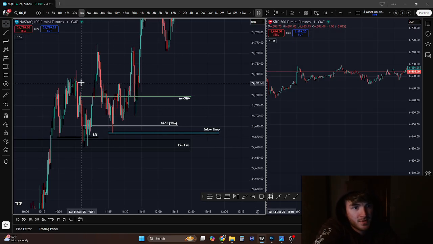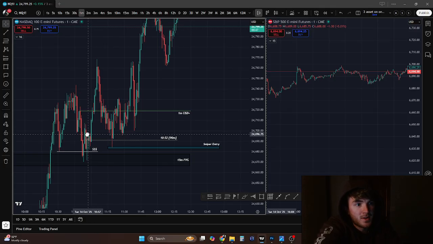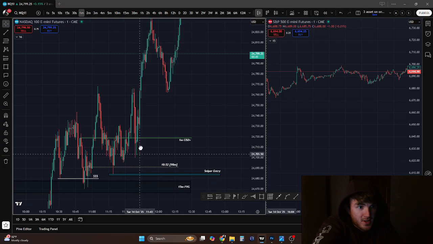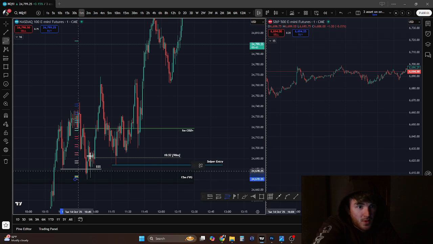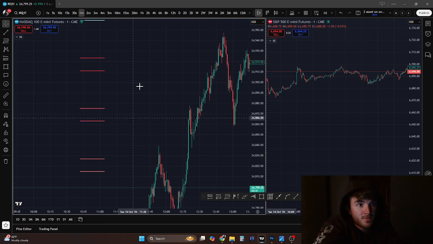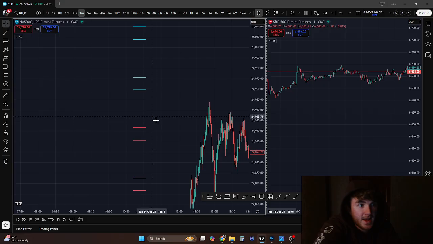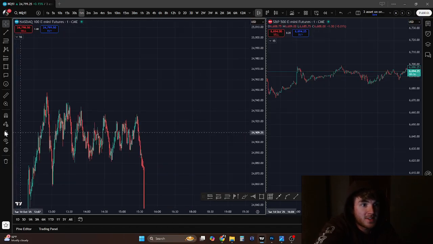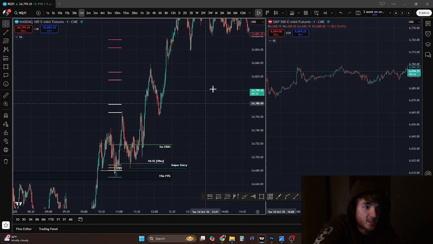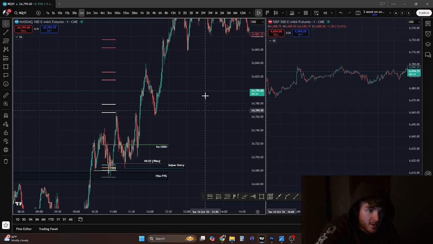Measure out OTE of the manipulation leg from the change of state to the low, and that's the sniper entry. And then you can see we end up going to our max extension, 4 standard deviations up, actually right in between 4 and 5 standard deviations up, and that's essentially where you'll see these market maker models peak.